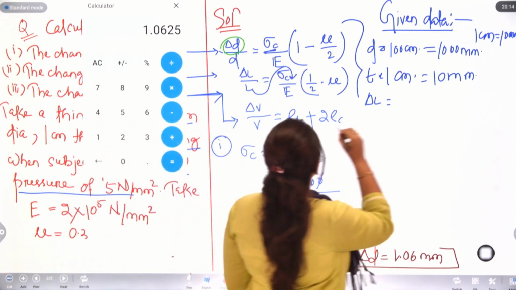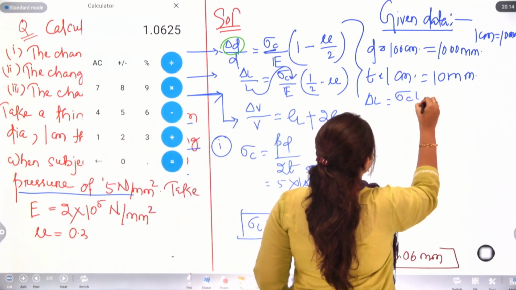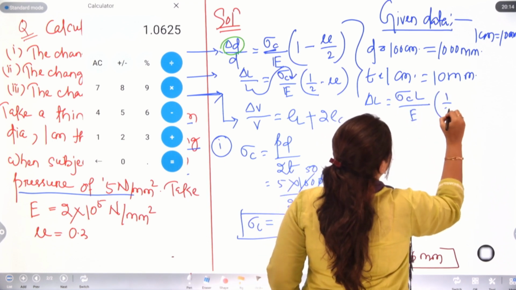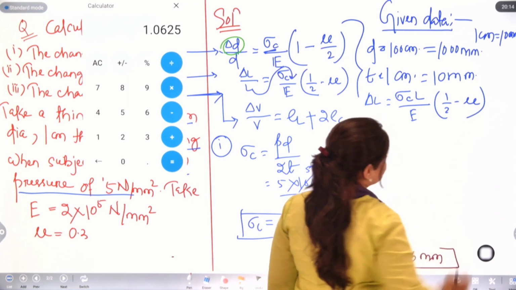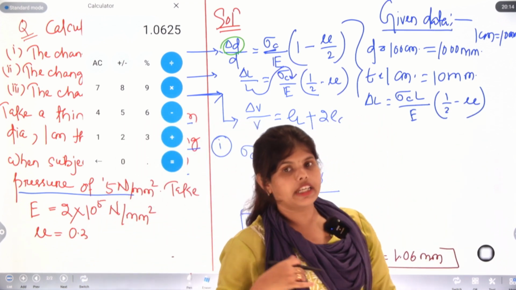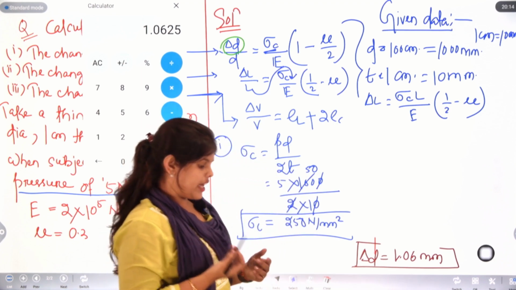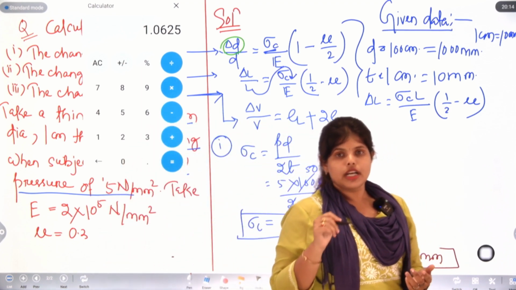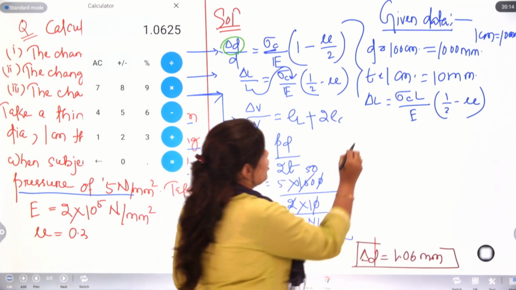So del L will be sigma C into L upon E, 1 by 2 minus mu. We have already taken 1 by m in case of solving formulas, but I have already said that 1 by m is nothing but our mu, that is Poisson's ratio.